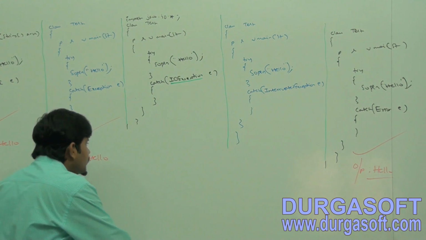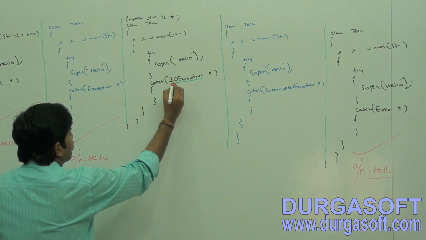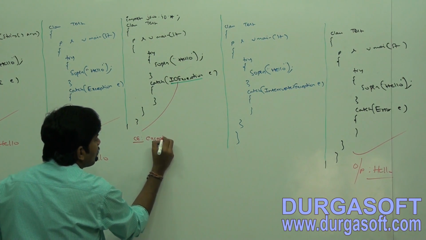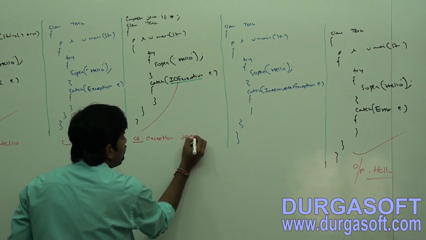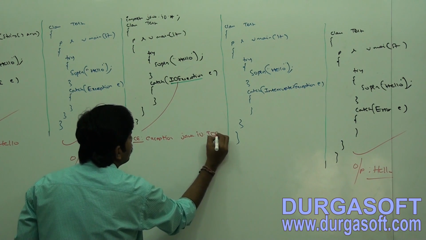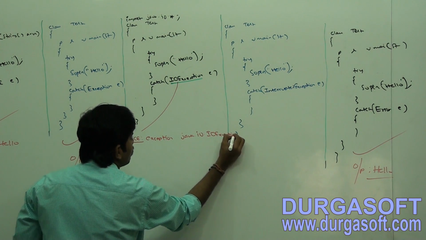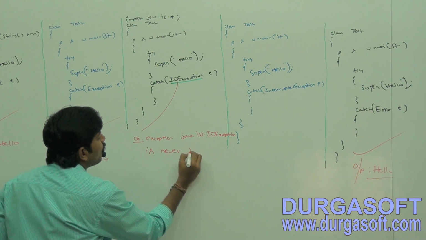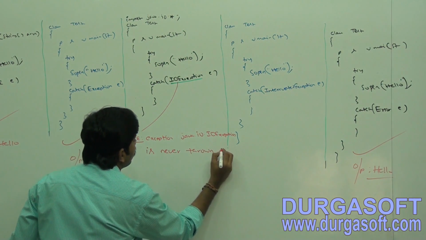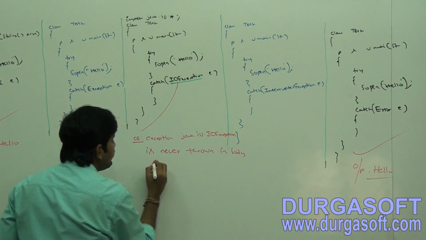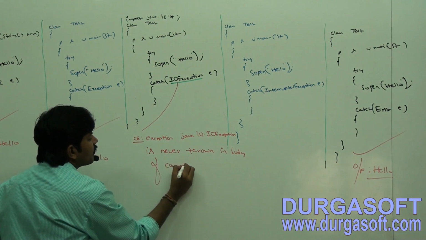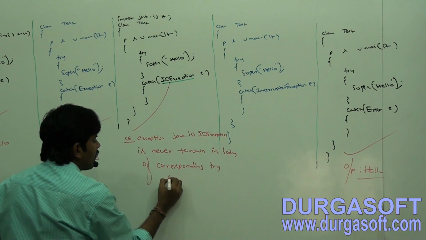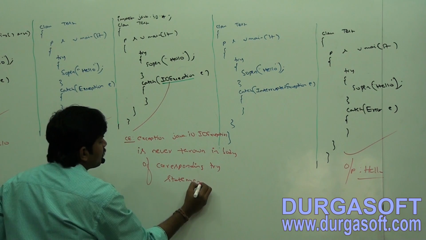Do you know the exact compile time error we are going to get here? Compile time error: exception java.io.IOException is never thrown in body of corresponding try statement.